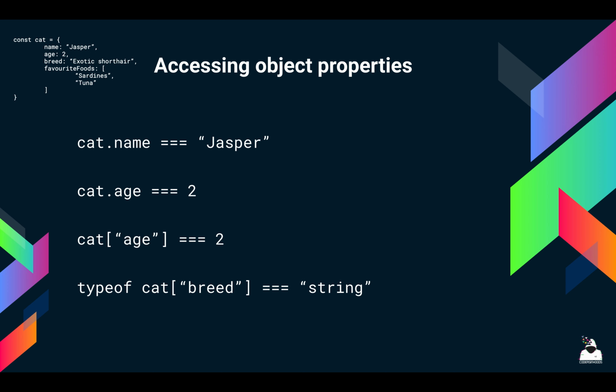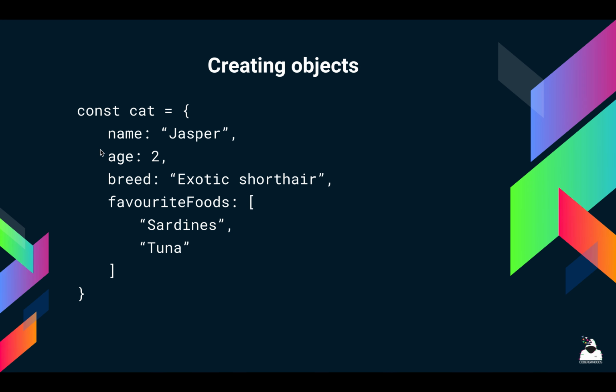Now this looks like an array, sort of, but we're using a string instead of an index, instead of a number. So all the keys are actually strings, even though in JavaScript we don't need quotes around the keys.